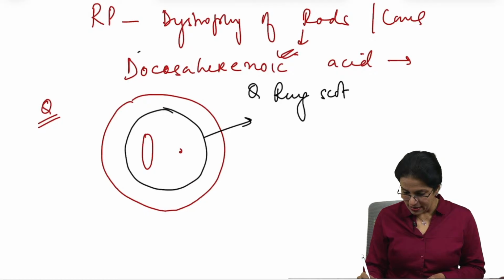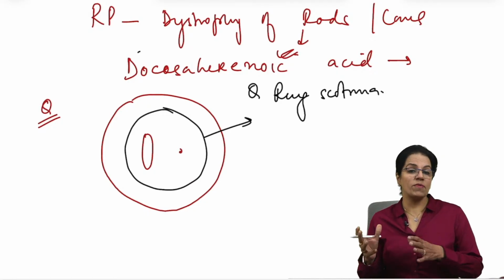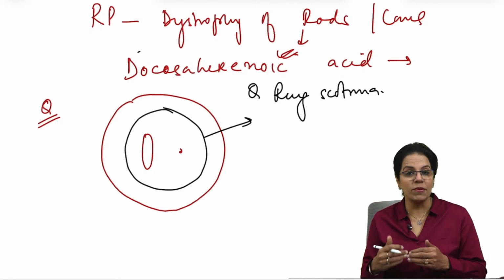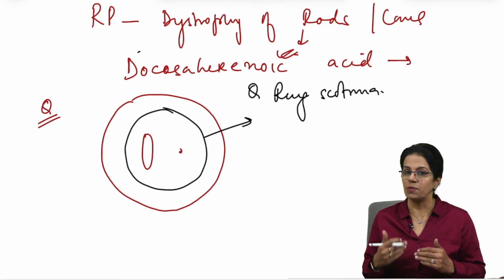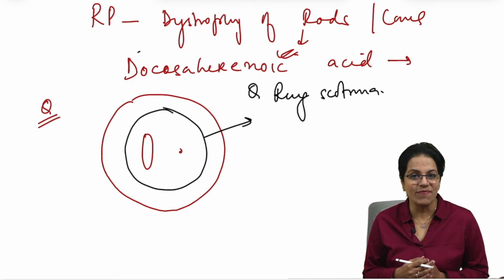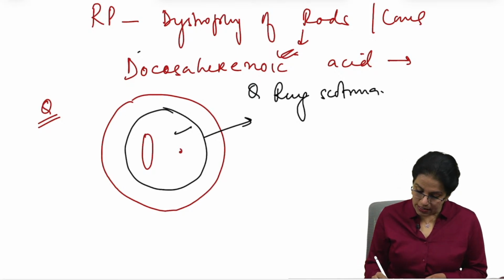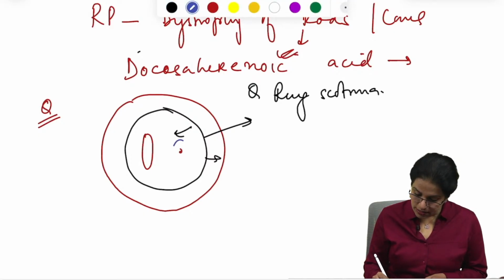You have learned ring scotoma in glaucoma also, double arcuate scotoma is ring scotoma, but if both options are given, we will mark RP. Be very clear with this. When it extends further, only a narrow field is left behind, and this is called tunnel vision or tubular vision.